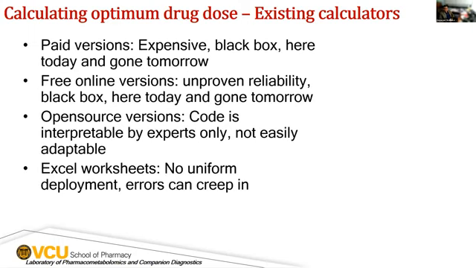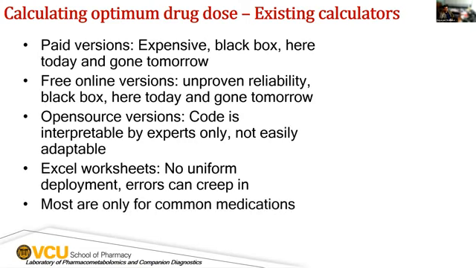So these are problems with existing calculators, and one of the biggest is that most of them are only for common medications. With new medications coming to market all the time, narrow therapeutic index medications coming to market, you need to be able to create new calculators, but the existing ones typically lag behind the new medications coming to market.